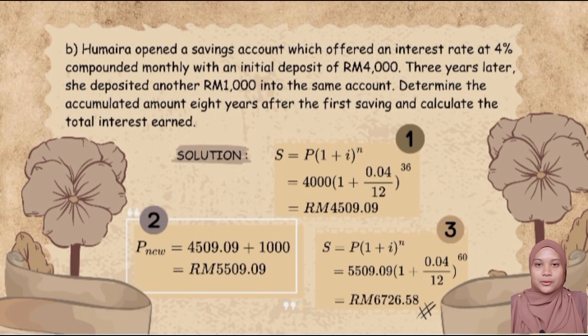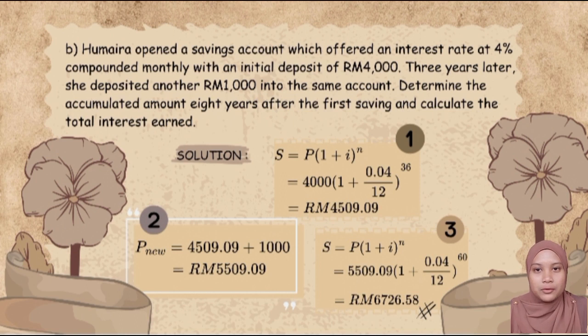Now, look at question B. In this question, we get the information that 4,000 is the principal value, 4% is the periodic interest rate, and m is equal to 12. For this question, we can use the same formula as in question A, which is S equals P multiplied with, in the bracket, 1 plus i to the power of n.